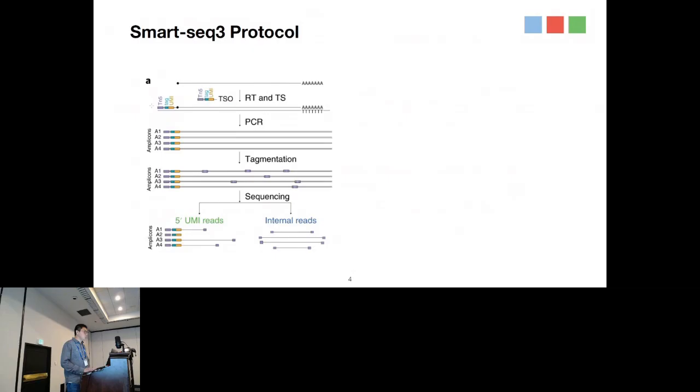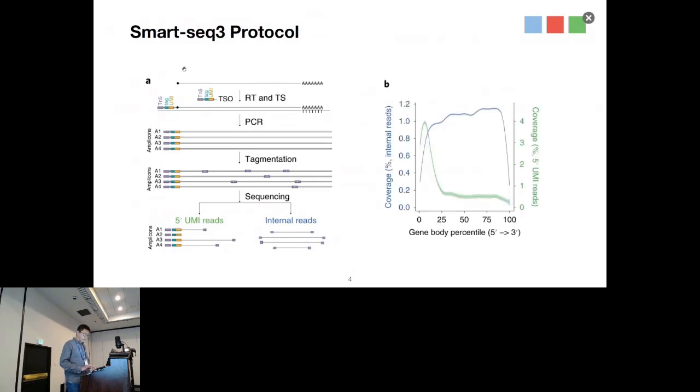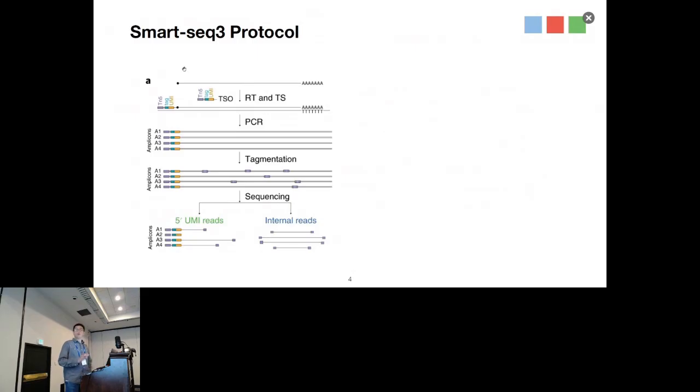The TSO will be attached to one end of the molecule, and then through reverse transcription and template switching, we get the cDNA. The cDNA will then be amplified using PCR, and then the protocol will do the tagmentation, which basically creates random cuts on the cDNAs, breaking the cDNA molecules into fragments. Let's say this one, that one, and that one, and so on.